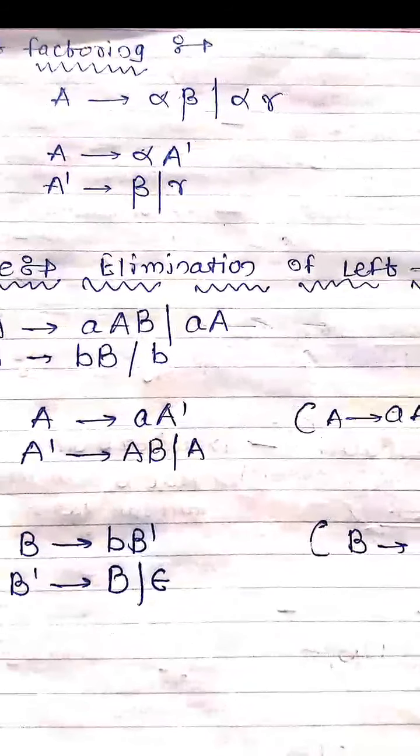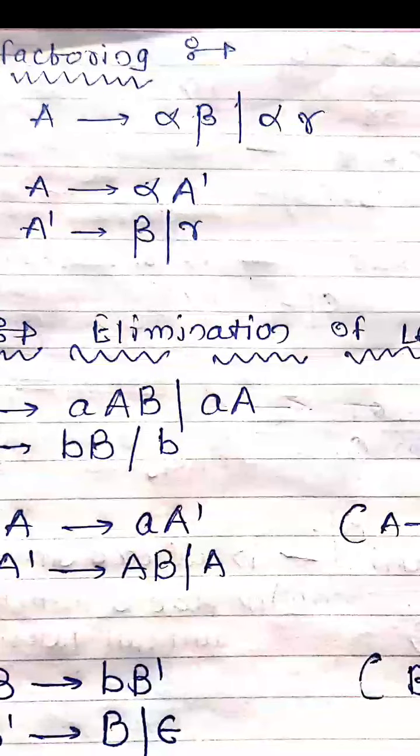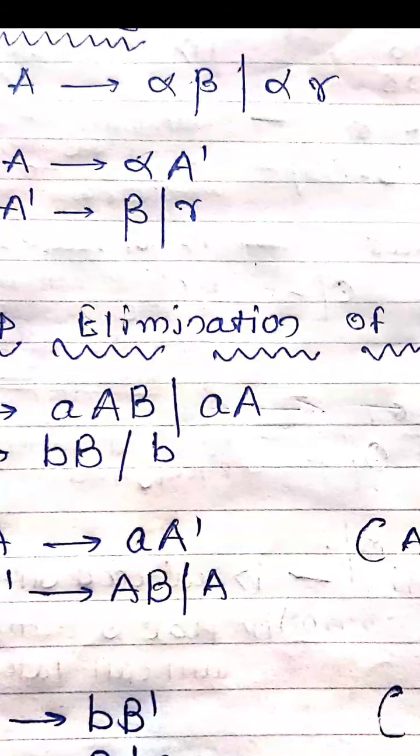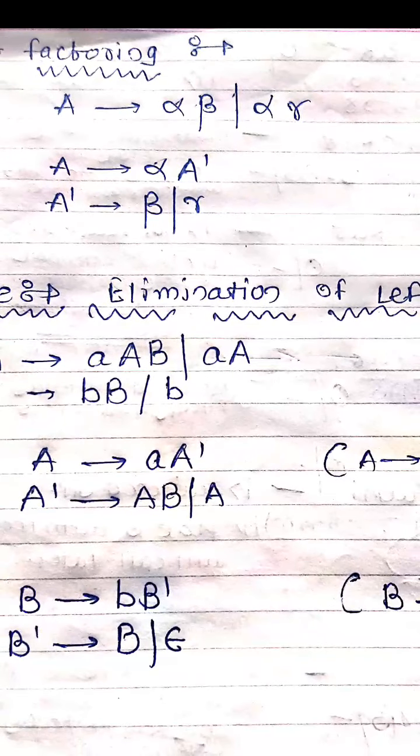Suppose we take the example A implies alpha beta or alpha gamma. In the first and second terms, just see that alpha is common, so this type of grammar is called left factoring grammar.